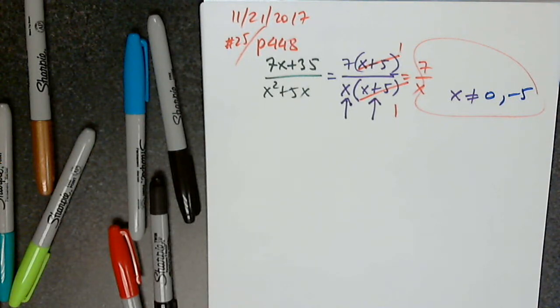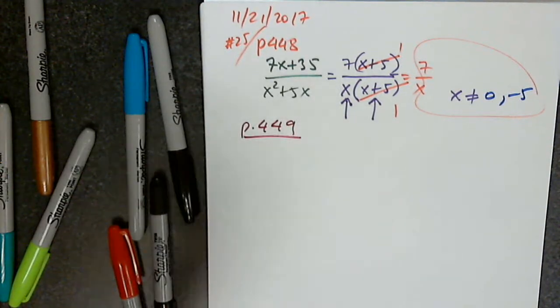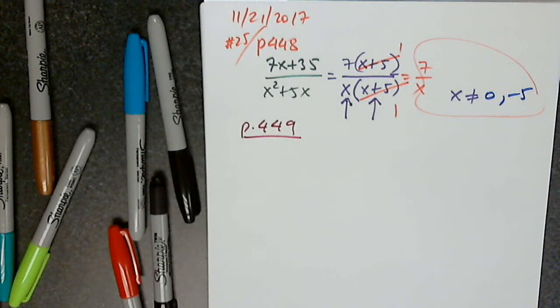Okay, so I'd like to look at a word problem. On page 449, so there are several applications here on page 448, page 449. One of them talks about revenue. Another one talks about cost.